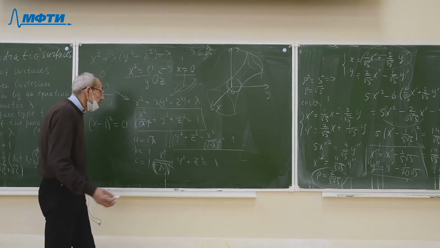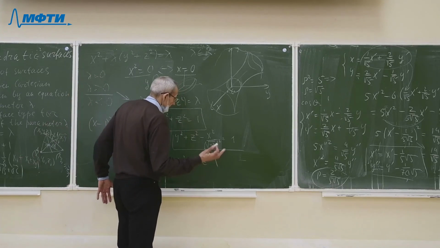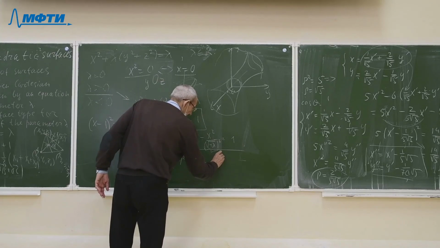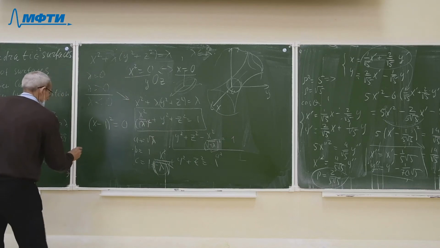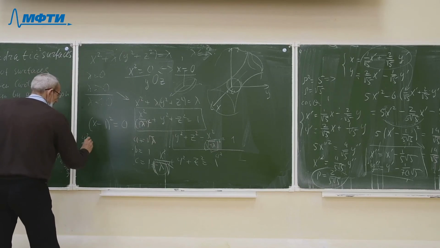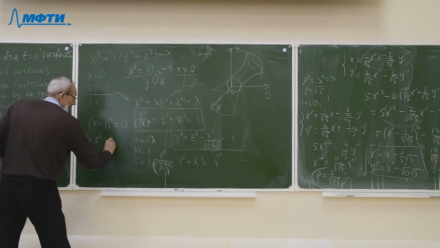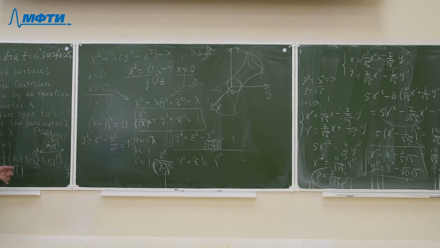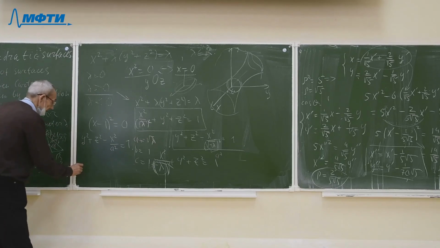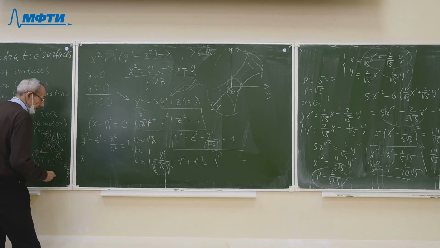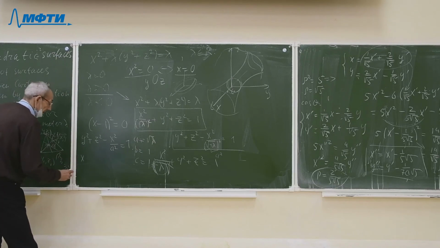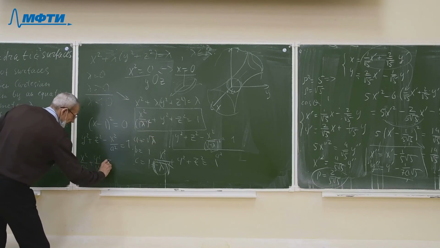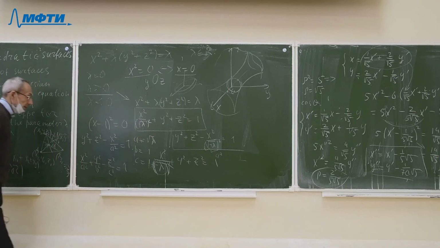And this expression I can denote by some parameter a, and we obtain this formula: y squared plus z squared minus x squared divided by a squared is equal to 1. We have the canonical equation of the simple hyperboloid: x squared divided by a squared plus y squared divided by b squared minus z squared divided by c squared is equal to 1.